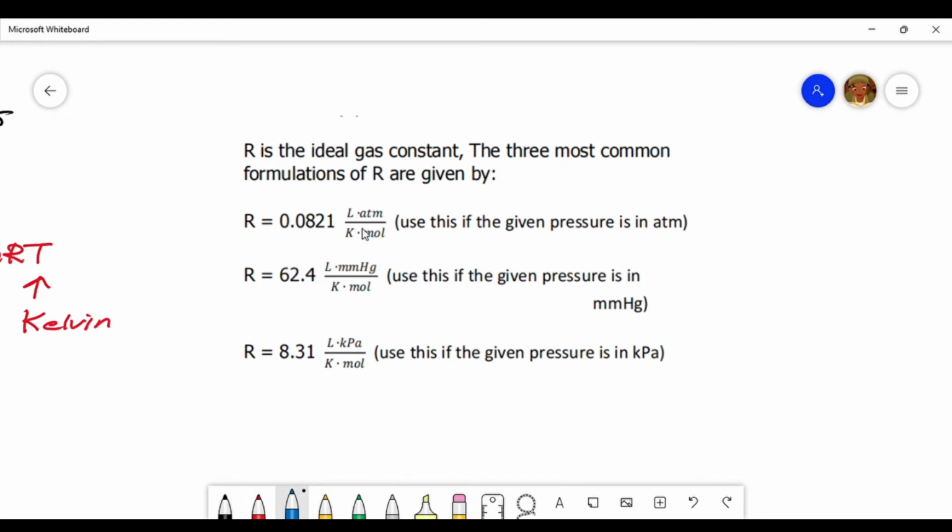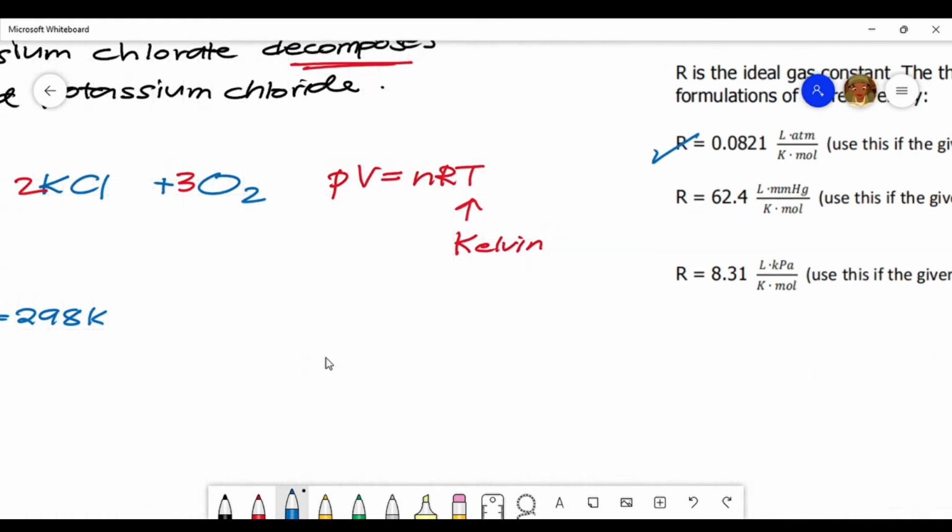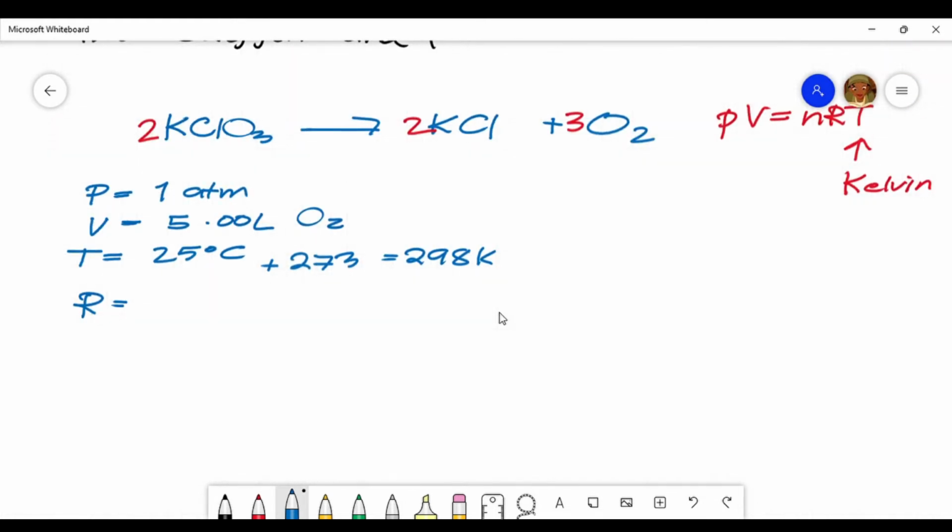We use the first one if the given pressure is in atm. So now we know what R to use: 0.0821 L atm over mole Kelvin. And so we're missing the n here, so we're actually looking for the moles in the first part.